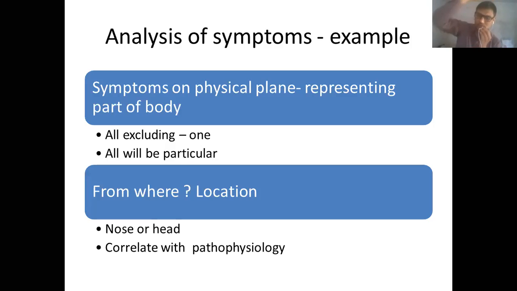So we have understood that the location of this case is the nose, and as the paranasal sinuses are scattered, if you can remember the anatomy of the paranasal sinuses, they are scattered throughout the skull bone. So basically, paranasal sinuses are cavities in the bone, air containing pockets present in the skull bone.